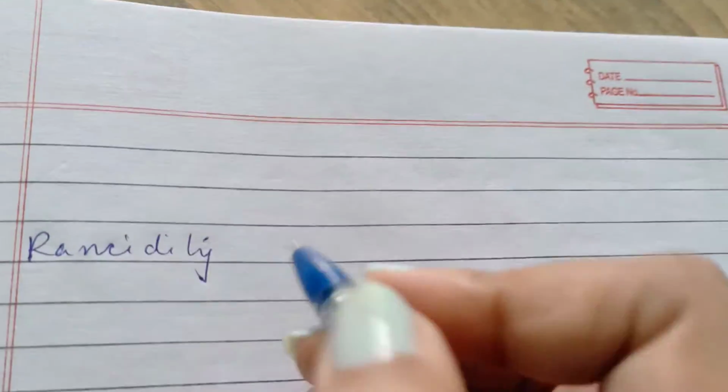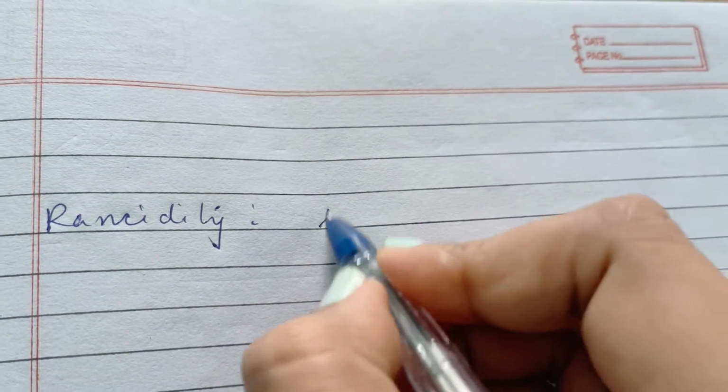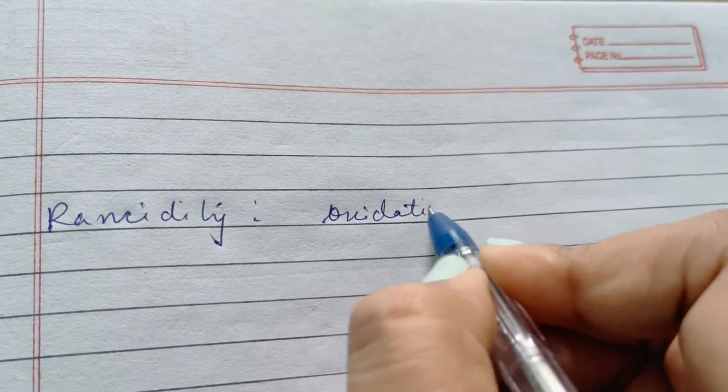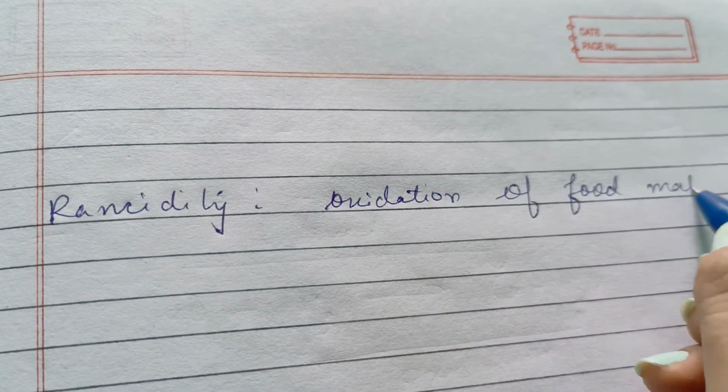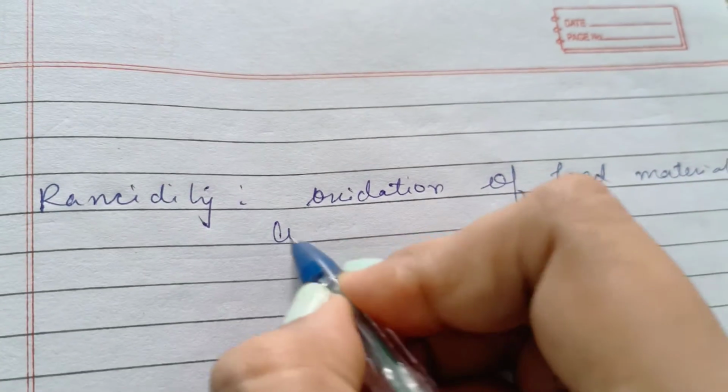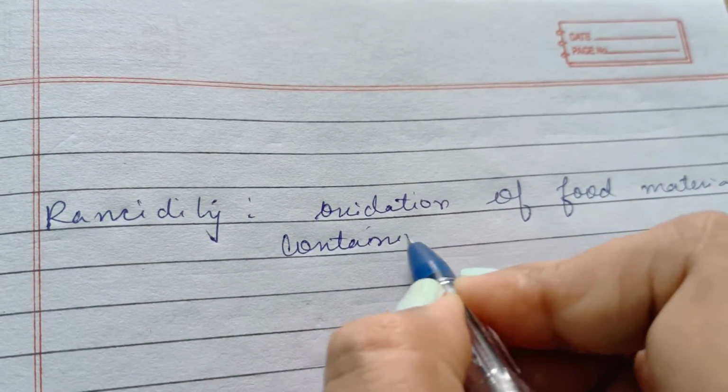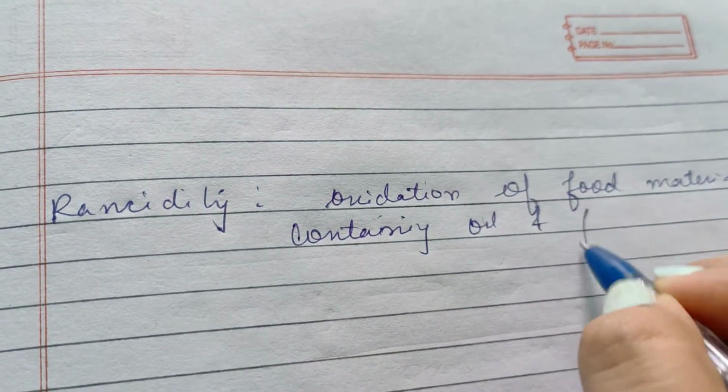The next is rancidity. What is rancidity? Rancidity is the oxidation of food materials containing oil and fat.